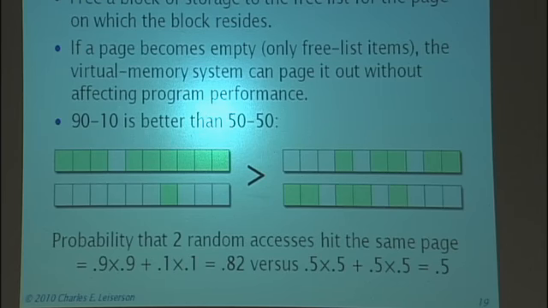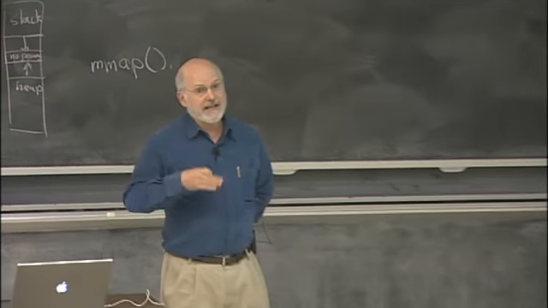Because if you're going to the same page, then your paging hardware, your TLB, which is very much like a cache, whenever you get a hit on the same page, that's good, it costs you nothing. If you hit on a different page, that's bad.